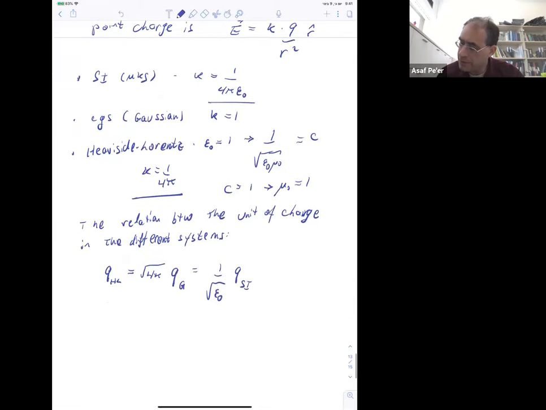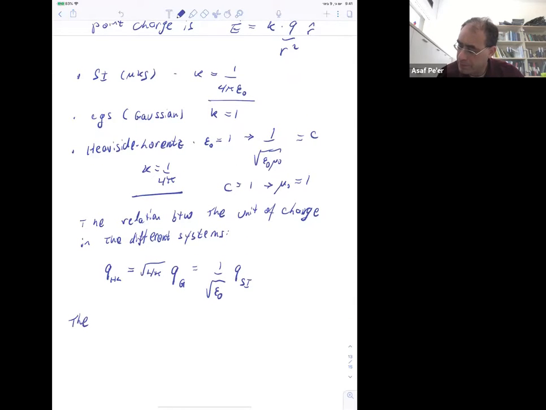Similarly for the electric field, in Heaviside-Lorentz units it is 1 over the square root of 4 pi times the electric field in Gaussian units, and the square root of epsilon 0 times the electric field in SI units.